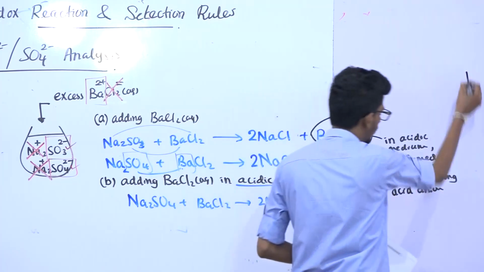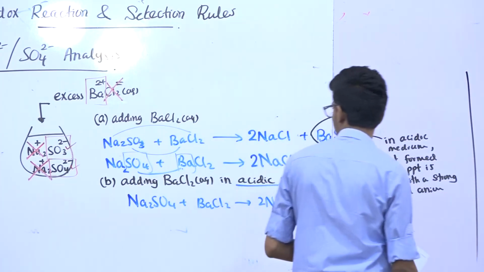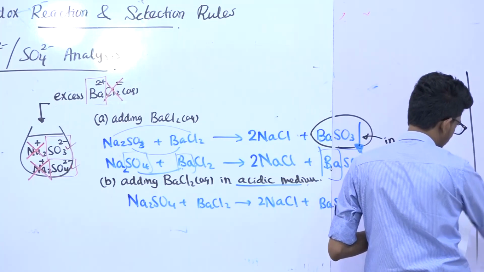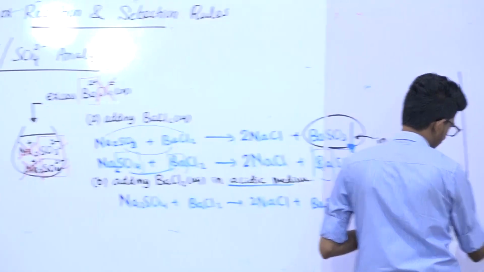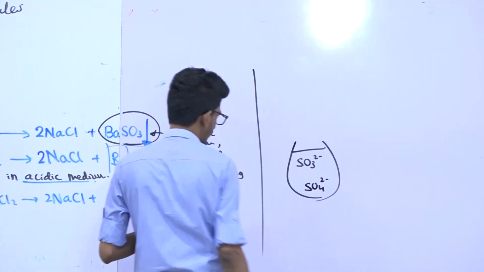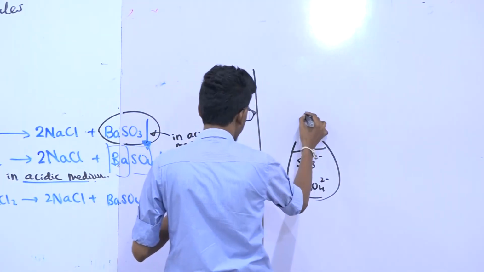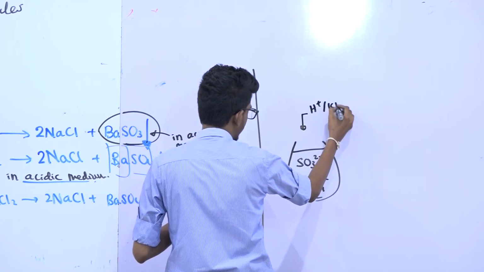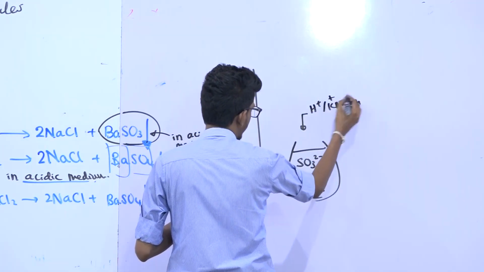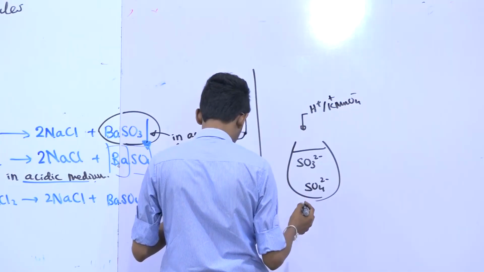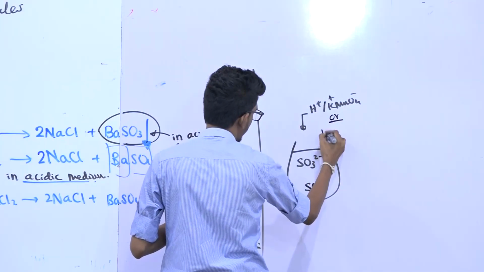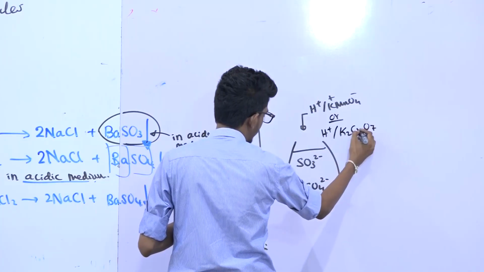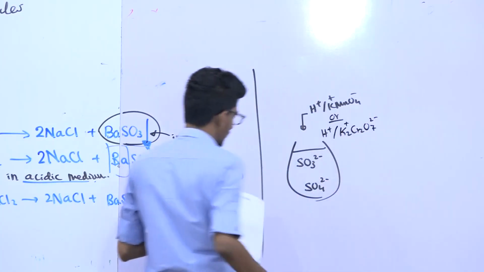Let's look at the redox. As we did before, you have SO3 2 minus as well as SO4 2 minus. You are adding just H plus one time, and at the other time they are adding H plus and dichromate. You can do that one on your own.